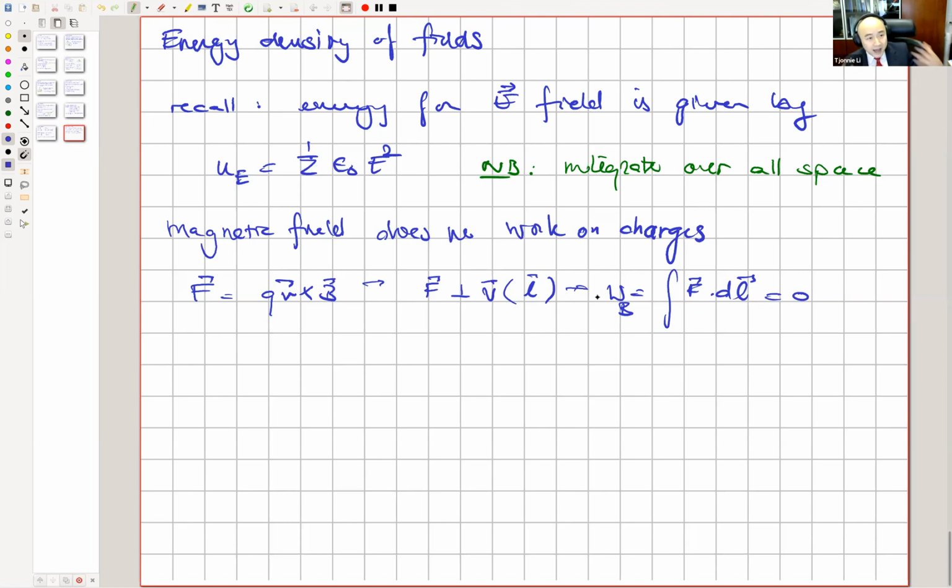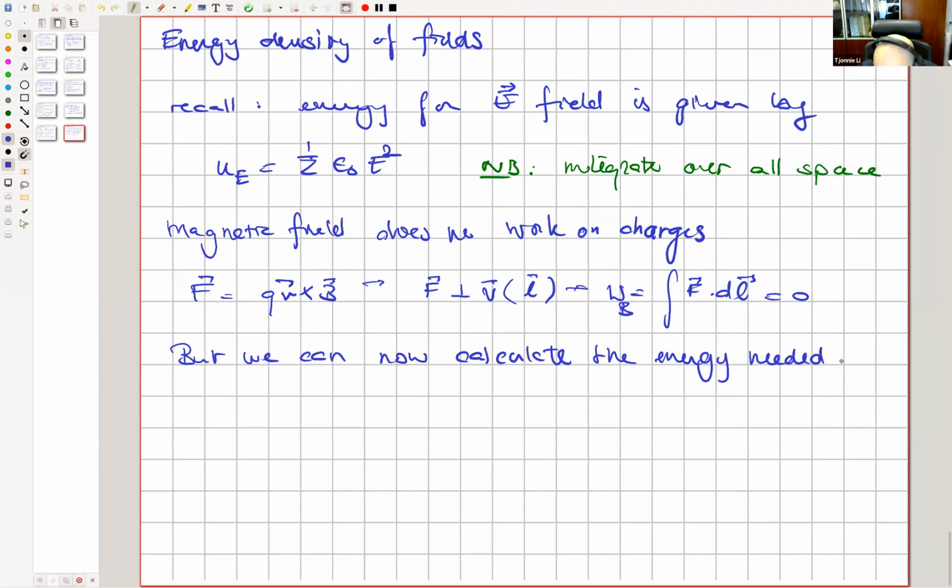But now we actually have a way of considering the energy density of a magnetic field, because we can now calculate the energy needed to establish a magnetic field.